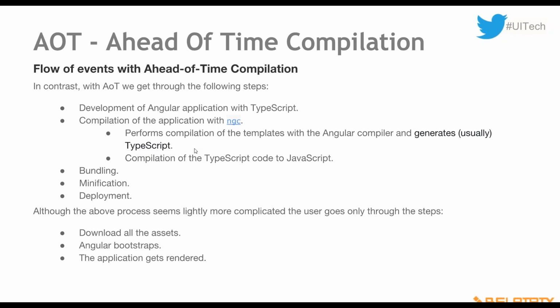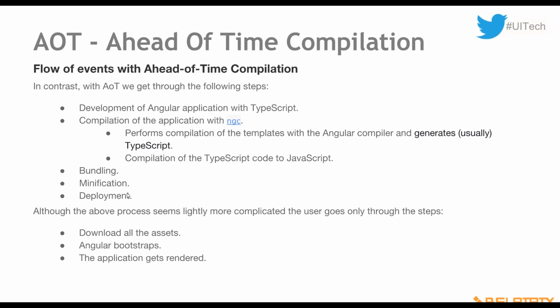And then for the user, it just downloads the assets, Angular bootstraps, and the application gets rendered. So we hope that everything went well. We can have other errors like in any other application, like 500 or 404, but we should handle that in our code.